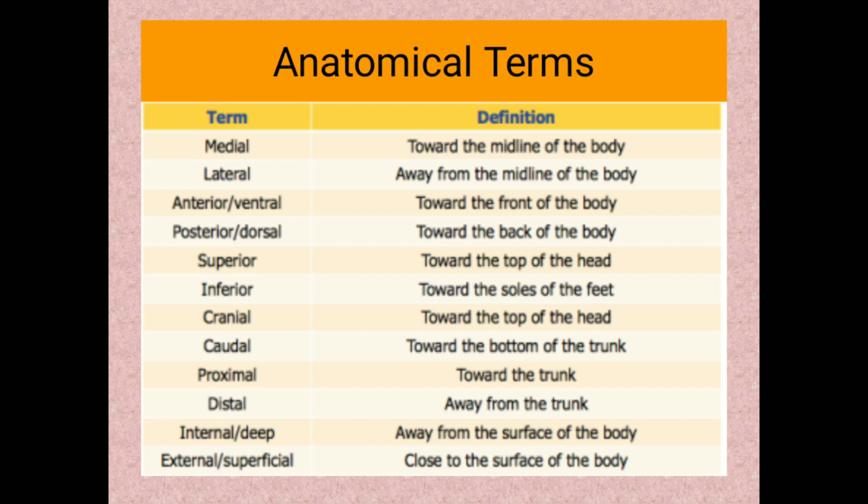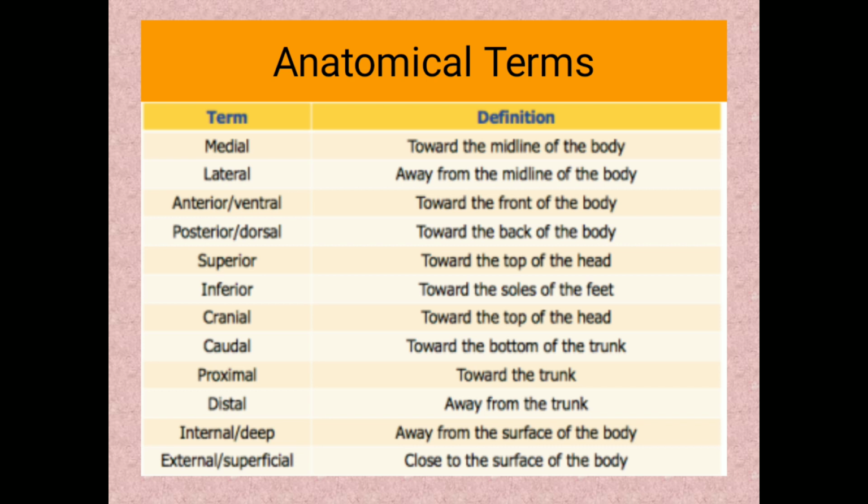Suppose an imaginary transverse plane has divided the body horizontally into two parts. The part or the organs above the horizontal plane is known as superior, that is towards the head, and any organ that is below that horizontal plane is known as inferior, that is towards the soles of the feet.